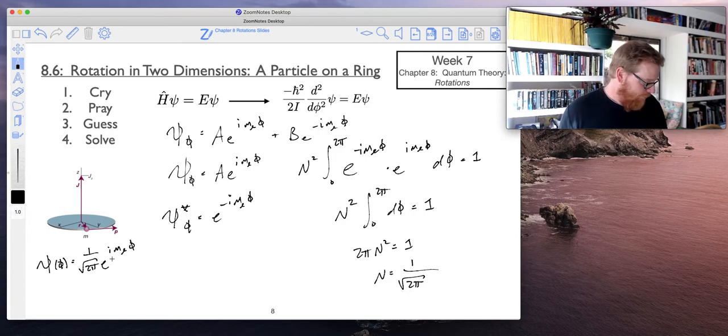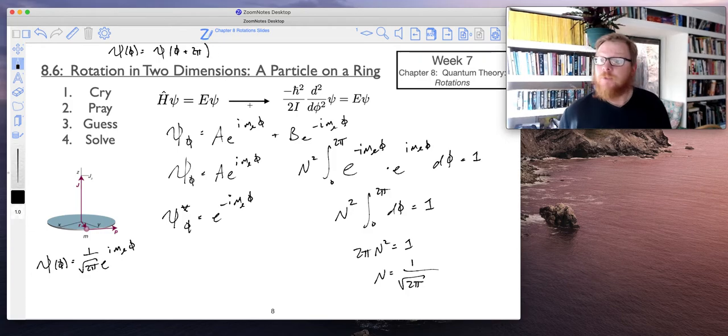What we have to recognize is that for this closed loop motion, psi of phi must equal psi of phi plus 2 pi. In other words, the value of psi at phi, when it comes around and makes a full 2 pi loop, those two values have to be equal to each other.